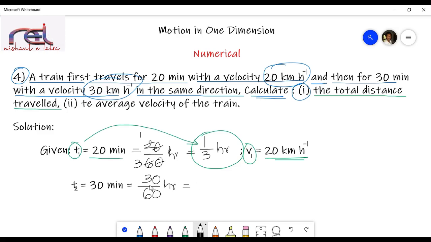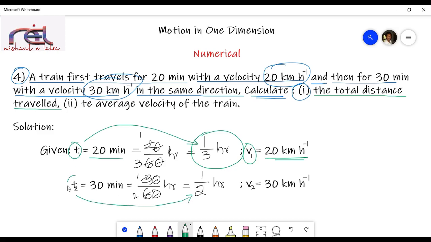So 30 divided by 60, after you cancel this, you will get 1 by 2 hour or half an hour. So t2 is half an hour and v2, the second phase of velocity, is 30 km per hour.